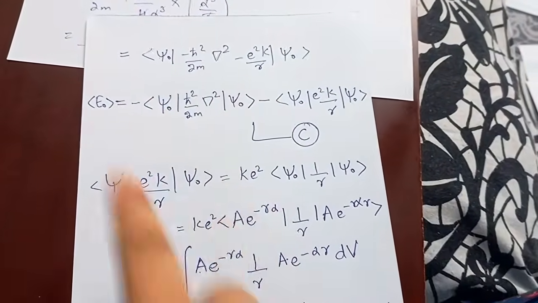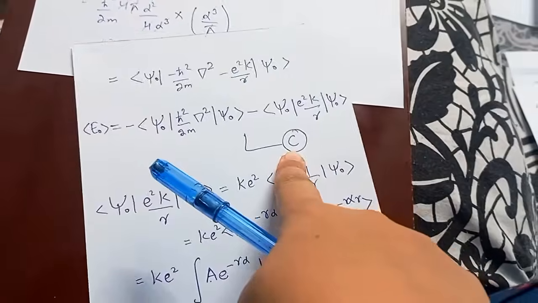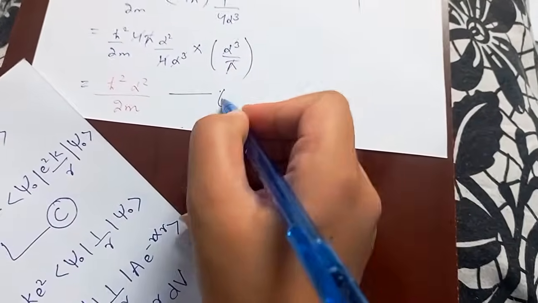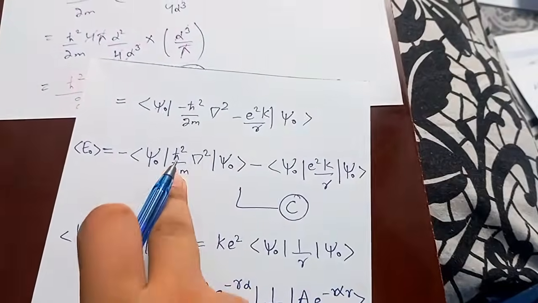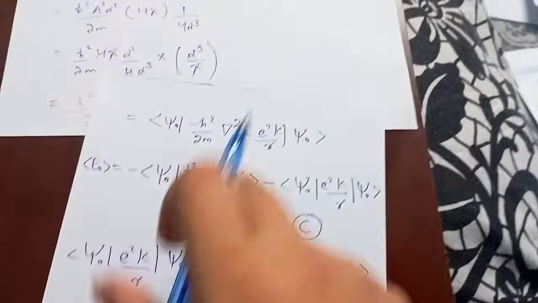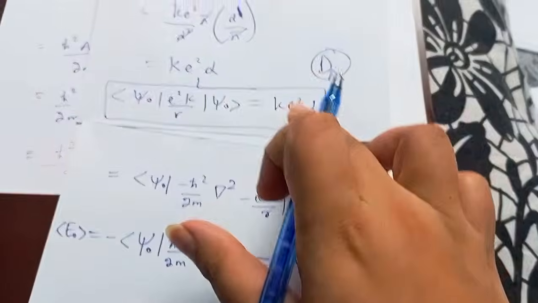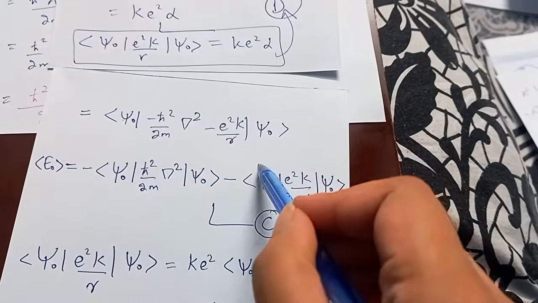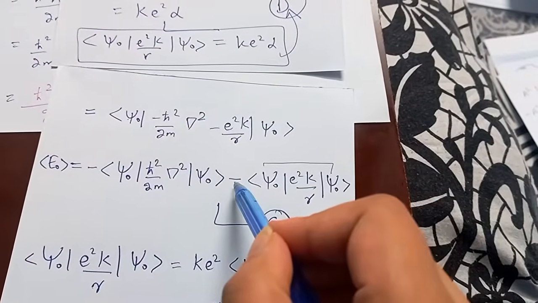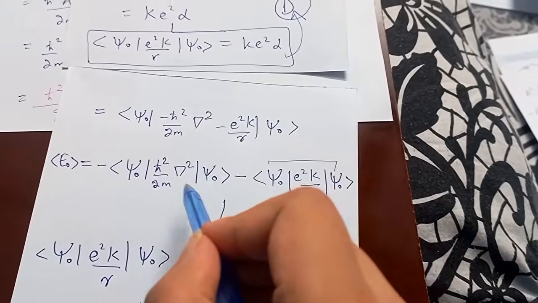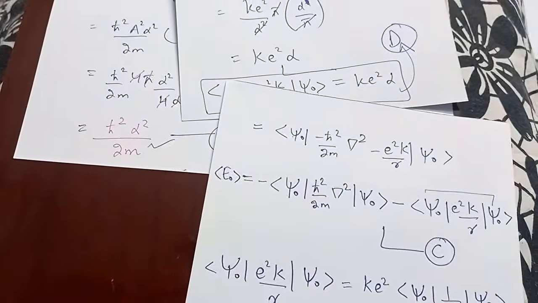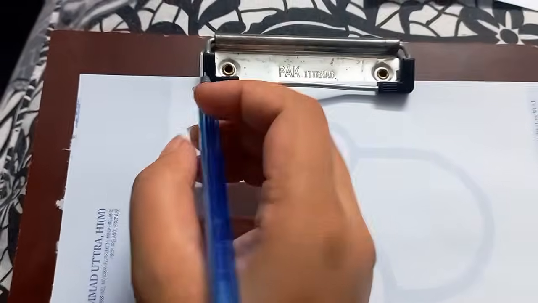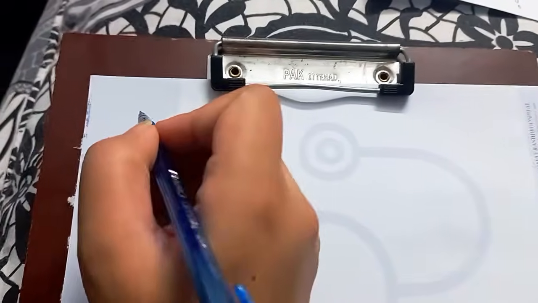So let's put all these values right back into equation number C. This is E. Now I'm gonna write it inside this thing. Okay, k square by alpha, its value, but the negative sign was not included. Here the negative sign was included and it was equal to this term. We are very close to our final result.